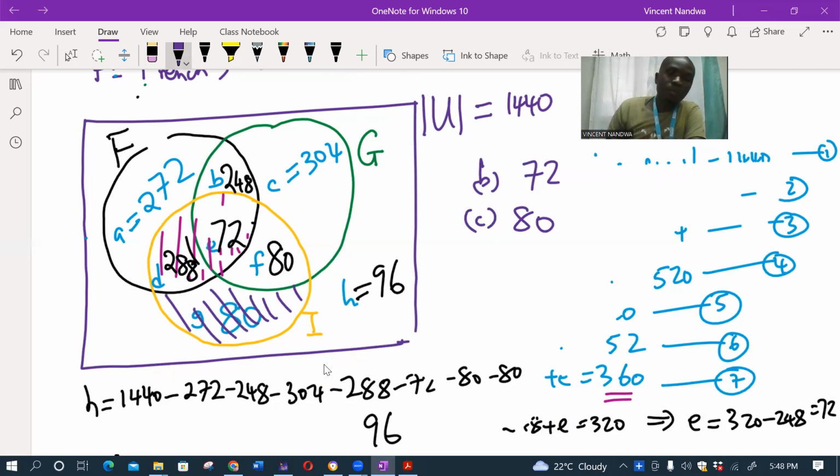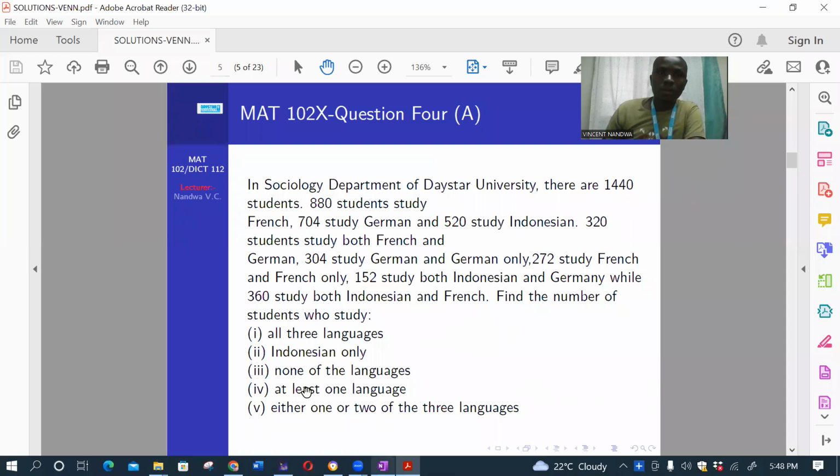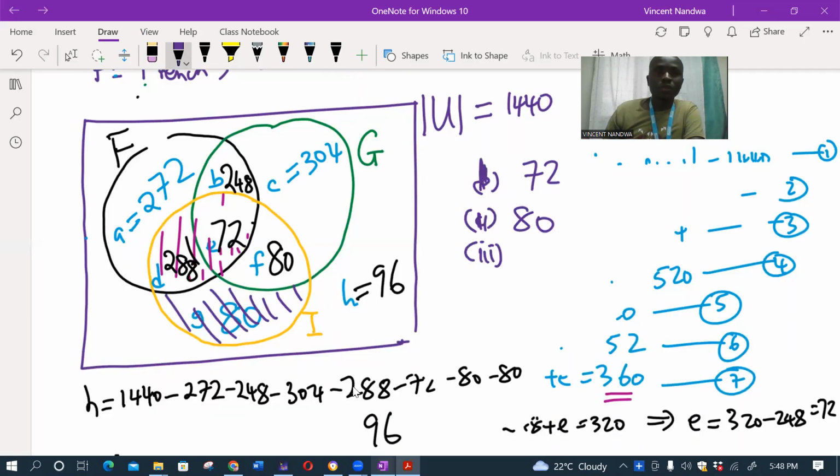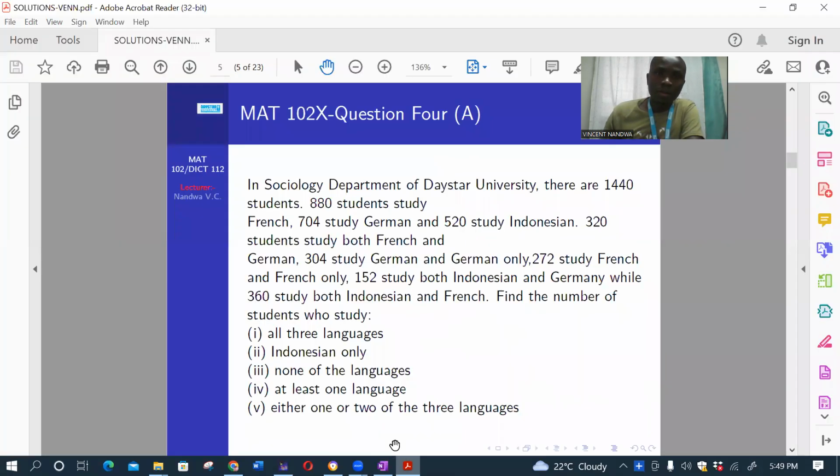And then Roman 3, none of the languages. None of the languages means you are outside. So this is 96. You are not in any of the 3 circles. And at least one language.